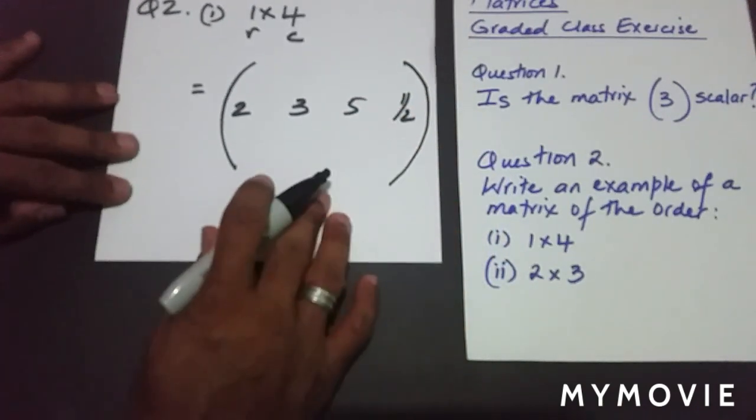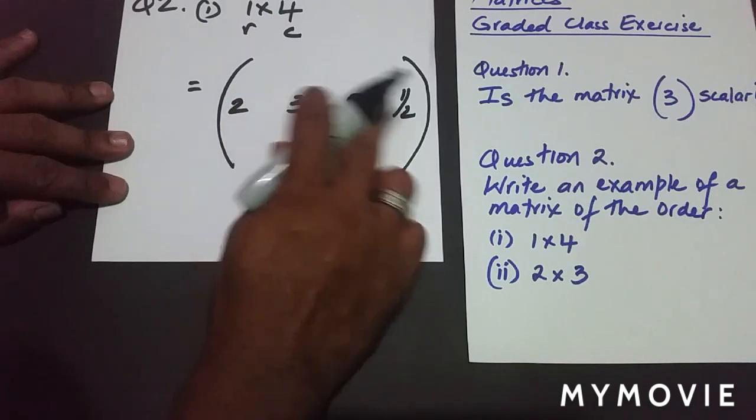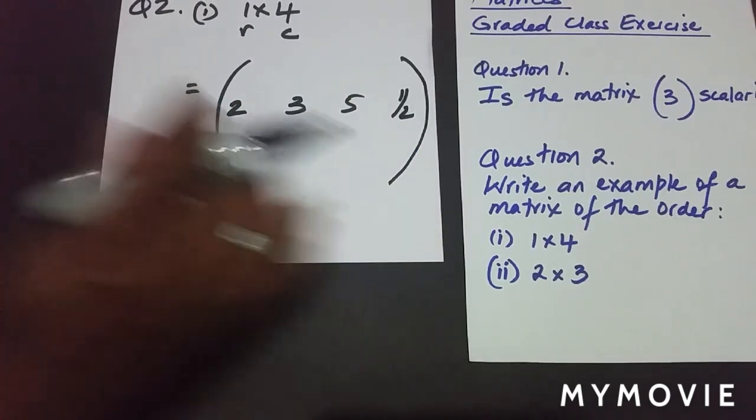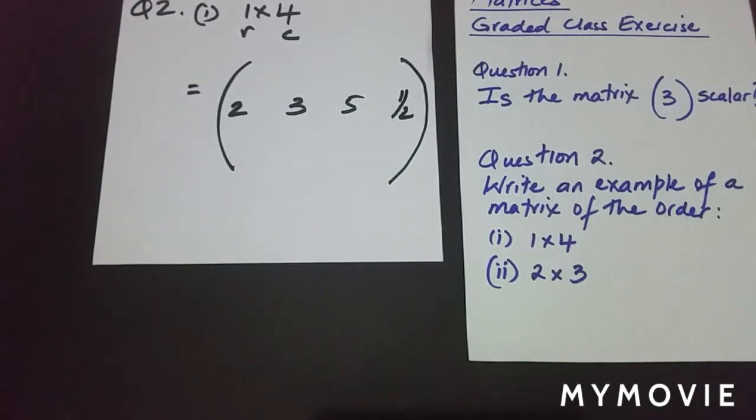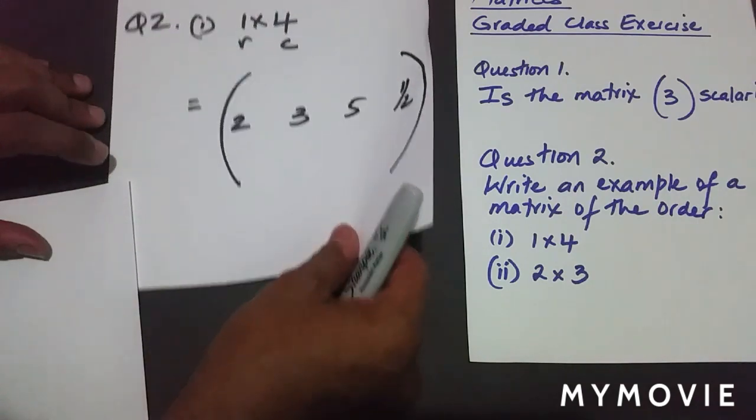So you can clearly see that we have 1 row here and 1, 2, 3, 4 columns. So that would have been the answer for part 1 of question 2.